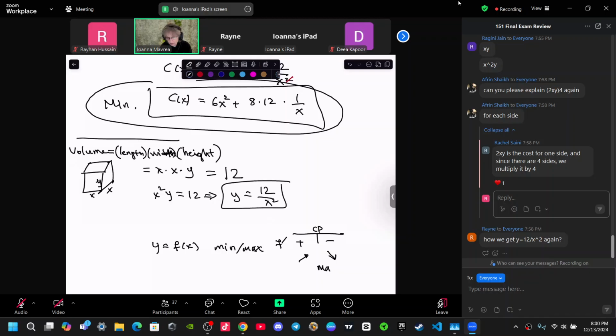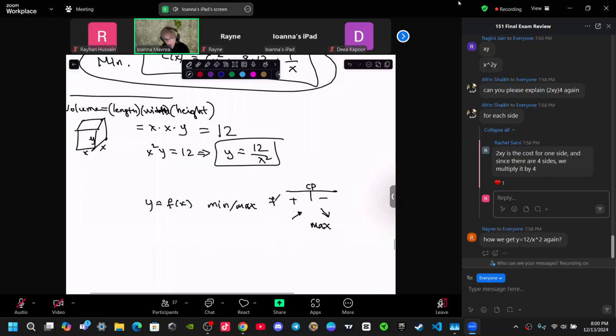Oh look, I have a maximum there. Do you want the cost to be maximum? I found it, right? In this case, they're asking to find a minimum. So you will have a derivative and you'll have a critical point. If you have more than one, okay. But you should have at least one, and you should have a derivative for the cost function that looks like that, because you will find a minimum.